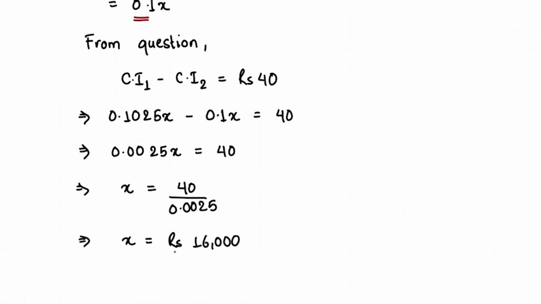So we just found the value of X by using this particular equation, okay? And then we have solved our question. We found the value of X, which is our sum, or you could say principal. So the sum or principal that if you deposit in your bank is going to give you 40 rupees more semi-annually than annually at the same rate of interest of 10% after 1 year is 16,000 rupees.